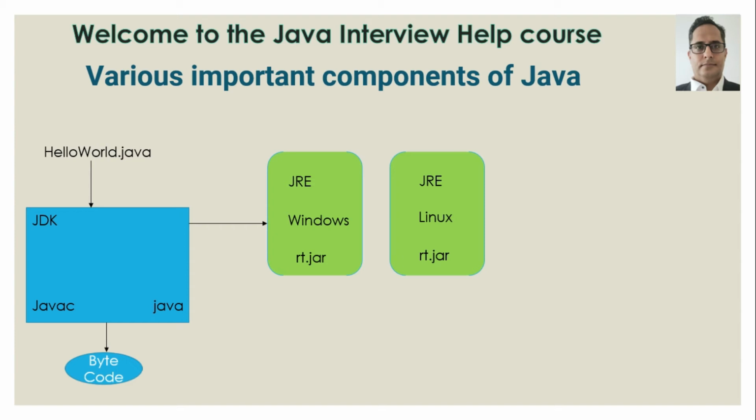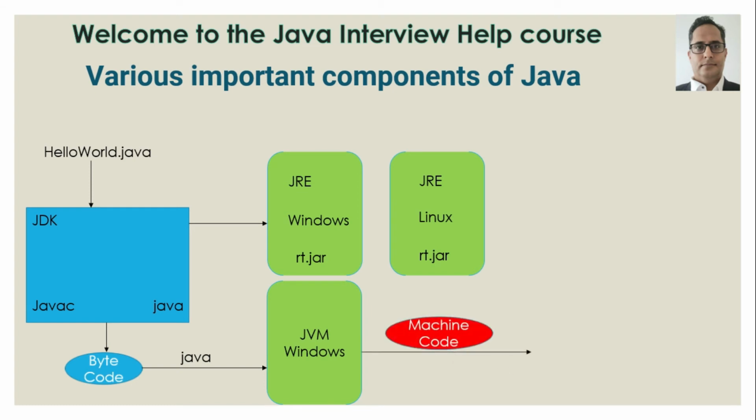So the platform independence comes from the fact that we can compile a Java program on a Windows operating system, and then take the classes and run them on Linux using the JVM on Linux, because the bytecode is understood by the interpreter or JVM on Linux, and it can convert it into machine code which Linux understands.